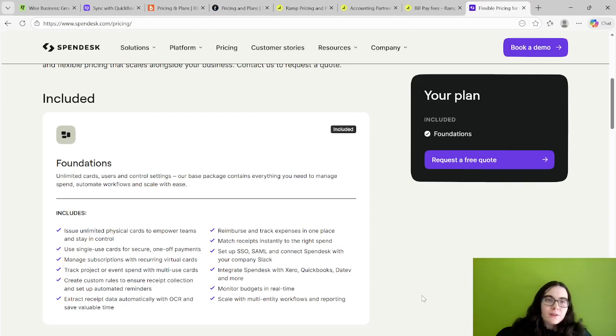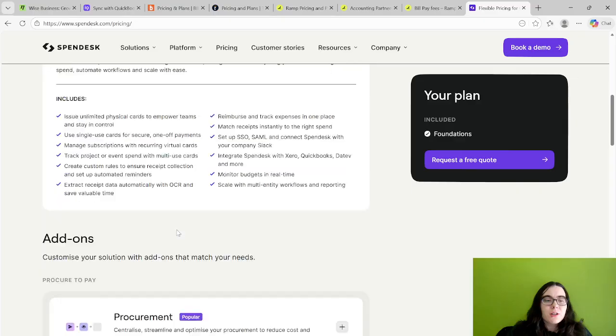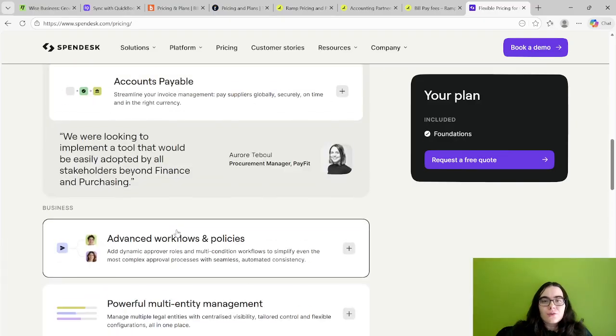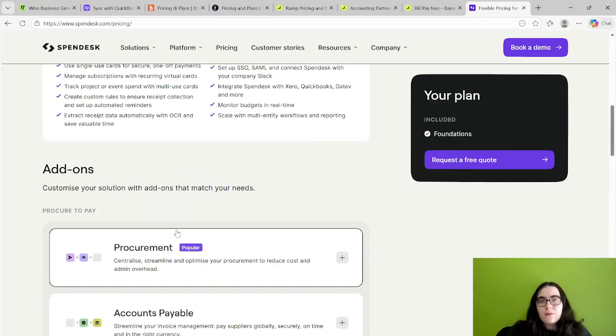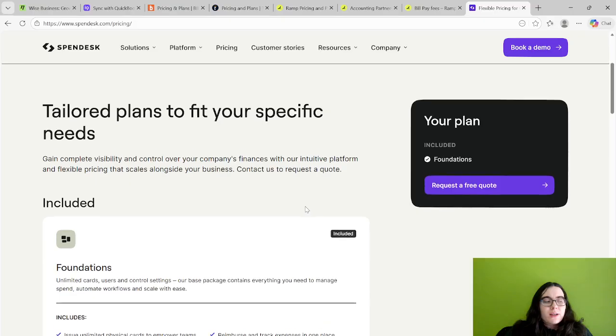Like the other competitors I showed you, they give you the price up front, but you don't get that here. But it is pretty customizable, which is good. All plans come with this foundations plan, which is the base package, and then there are different add-ons you can choose from if you want. So that is pretty good. You have flexibility there. But yeah, you don't get the price up front.